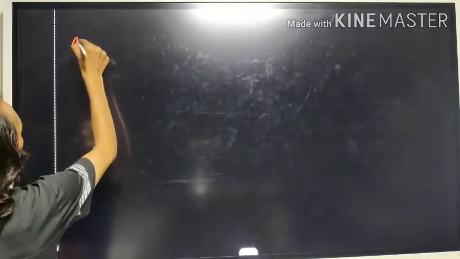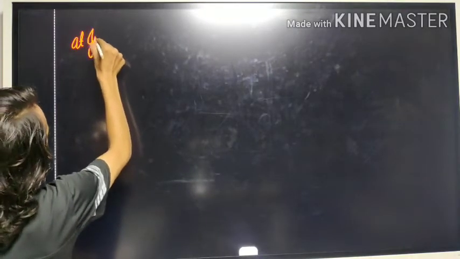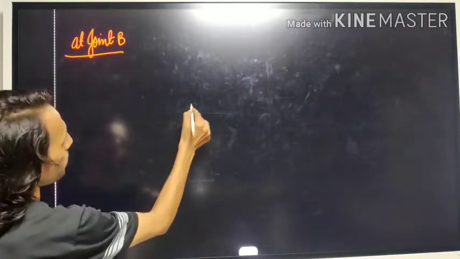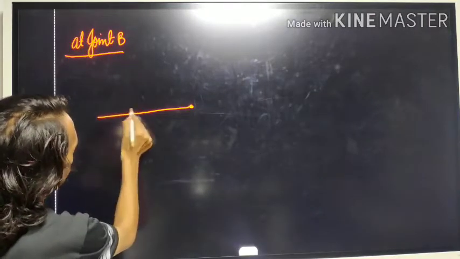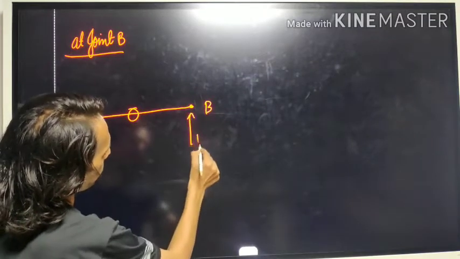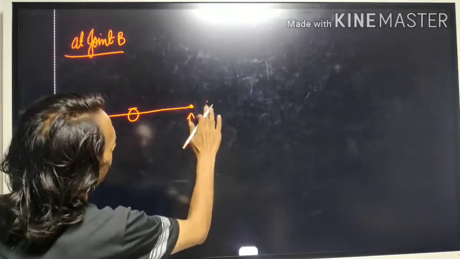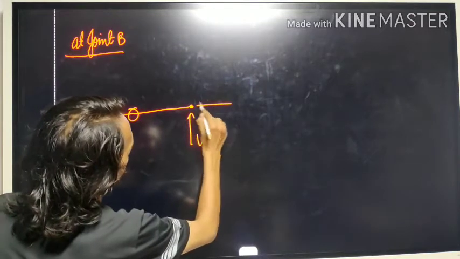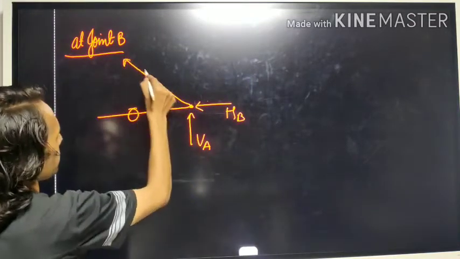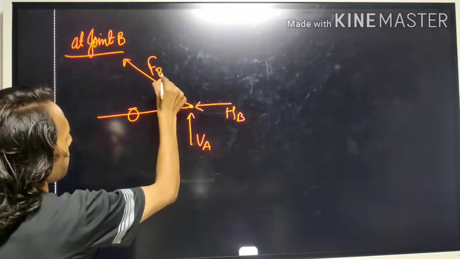So at joint B, apply the initial condition of joint B. So there is VA, also there is HB, and this is some force FBC.